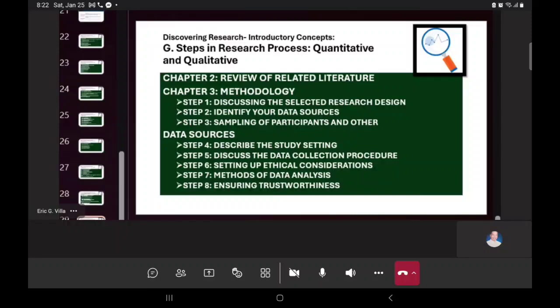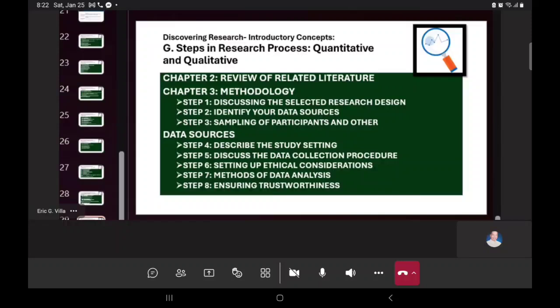This theoretical sensitization process involves literature review when doing your qualitative research and serves as a guiding framework rather than a rigid structure. It helps researchers develop theoretical sensitivity while remaining open to emerging themes and patterns from the data.